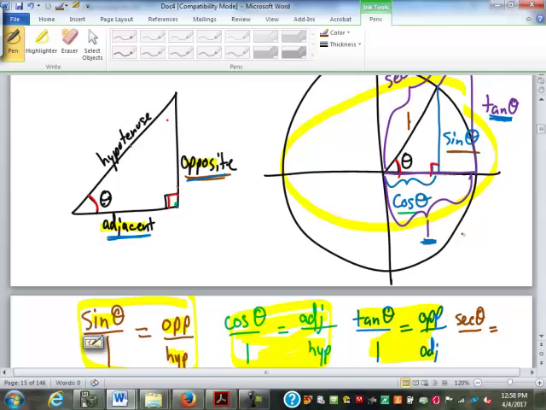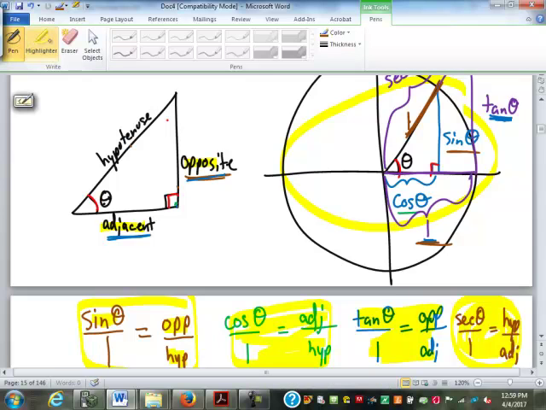The secant of an angle is this side here, which corresponds to the hypotenuse. And we're going to use the 1 again, which still corresponds to the adjacent side. So the value of the secant from the unit circle is equal to the ratio of the length of the hypotenuse divided by the length of the adjacent side in the right triangle.